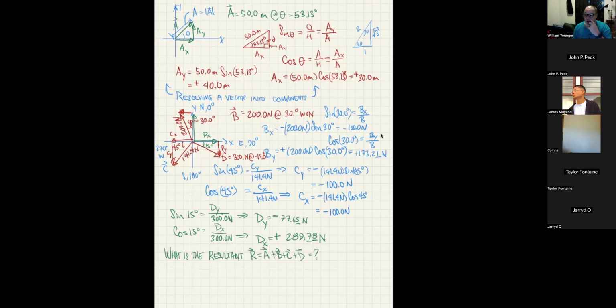I've basically done all the hard work now. So I'll say R sub X is just the sum of all the X components. So A sub X had a positive, and let's assume for a second that everything is newtons. That way they can be added together.